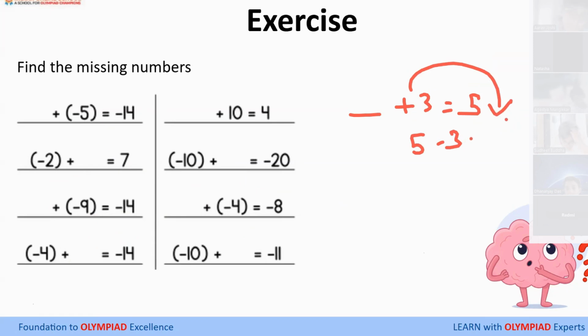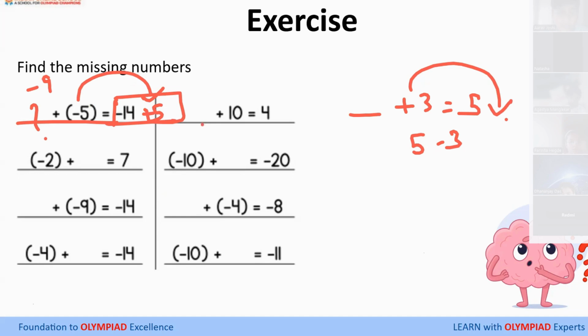Correct, all of you? Yes, ma'am. Do the same thing over here. Suppose this was the one you needed to solve. You can switch negative 5 to this side and it would become positive 5. So negative 14 plus positive 5 is negative 9. That's very easy. You don't have to think much if you're getting stuck. And obviously, if you can do it rapidly, then it's very good.